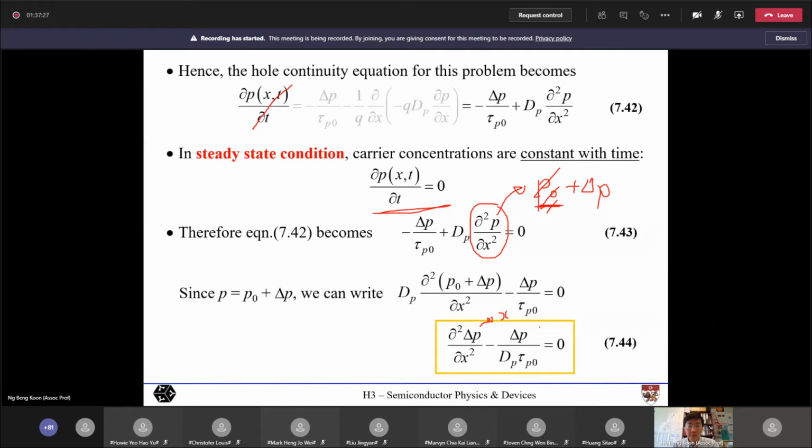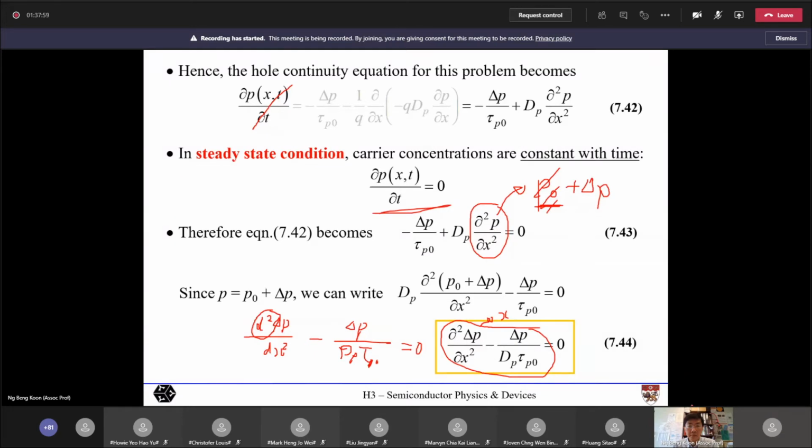We can change this to a standard second order differential equation: d squared delta P over dx squared minus delta P over D_p tau P naught equals 0. So there's a second order derivative, which makes this equation a second order differential equation.